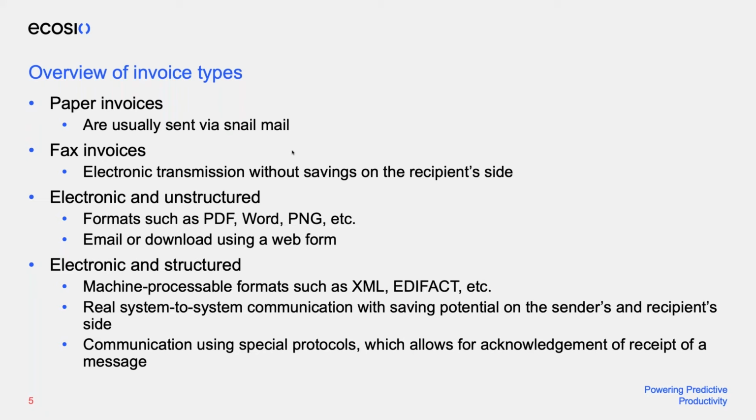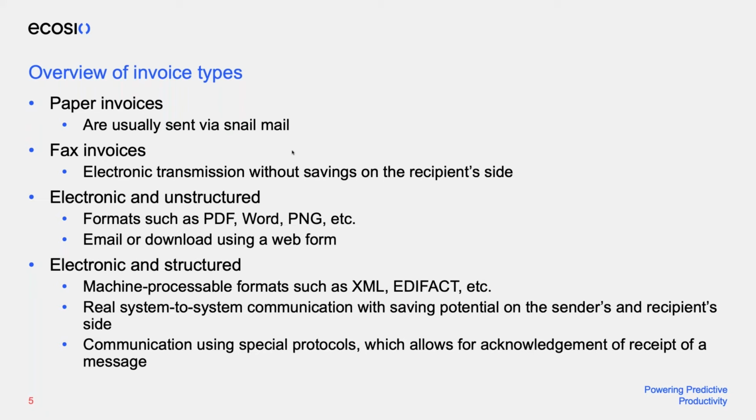And in regard to further electronic invoices, there are electronic and unstructured invoices, which would be PDFs, Word documents, PNGs, and so on. Typically, you would receive these invoices using email, or you would download them using a web form, but no significant improvement occurs there.